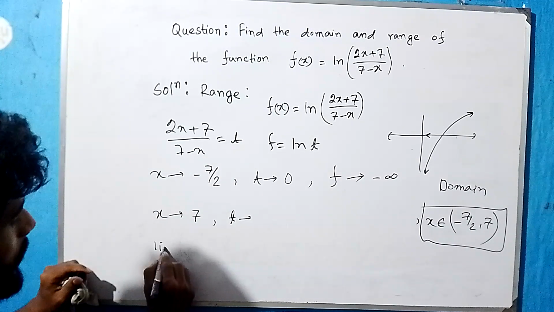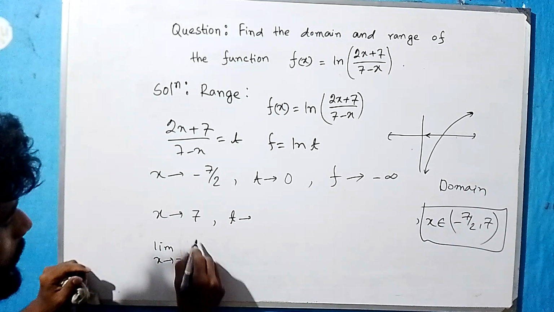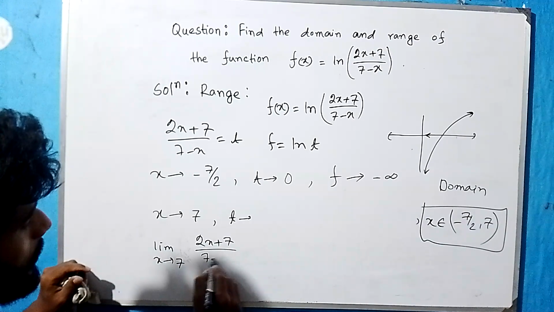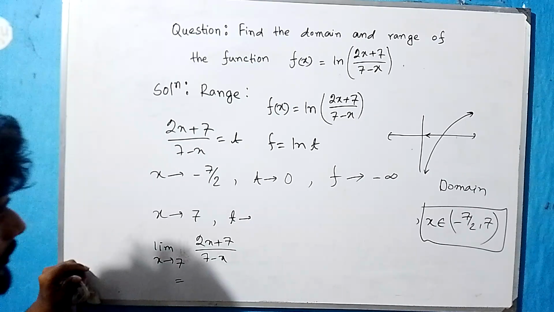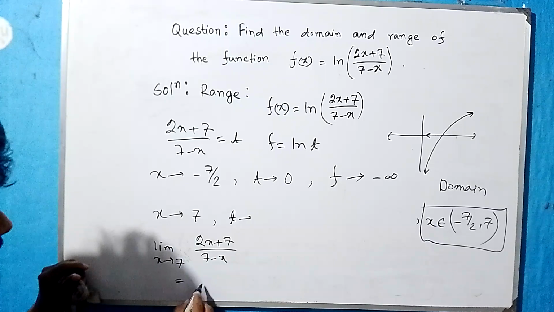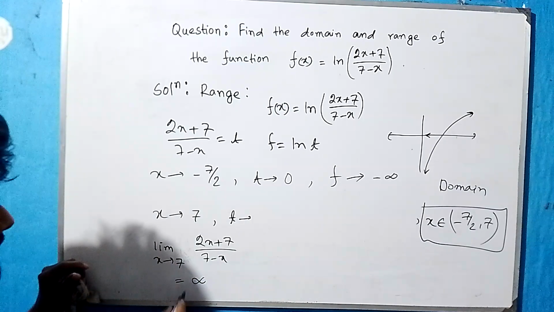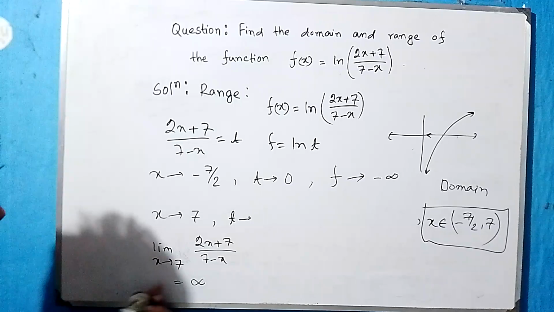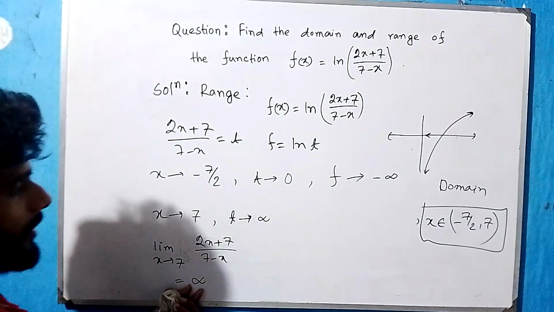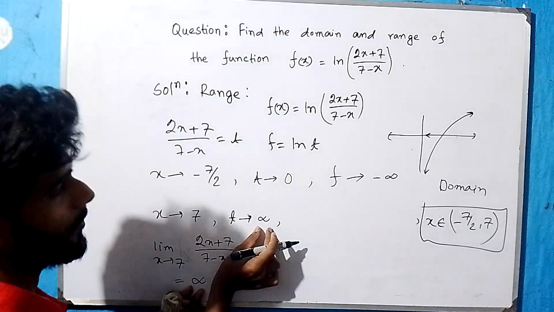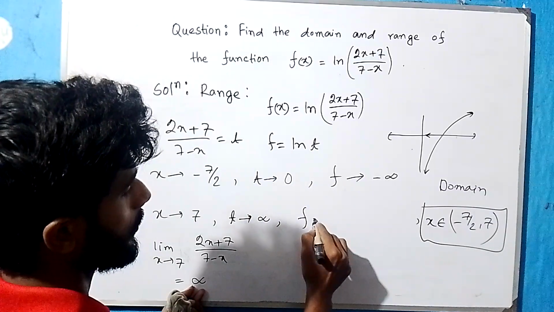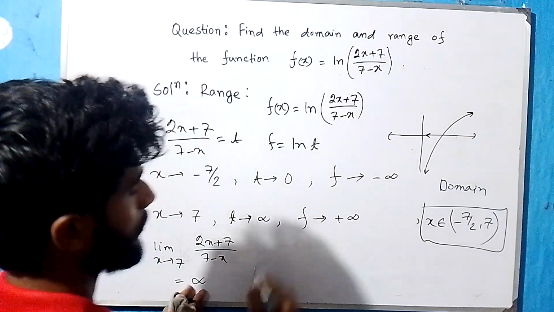So limit x tends to 7 of twice x plus 7 by 7 minus x, that gives you, so this will be what? Positive infinite, right? So t moves to infinite, and if t moves to infinite, then f moves to positive infinite.